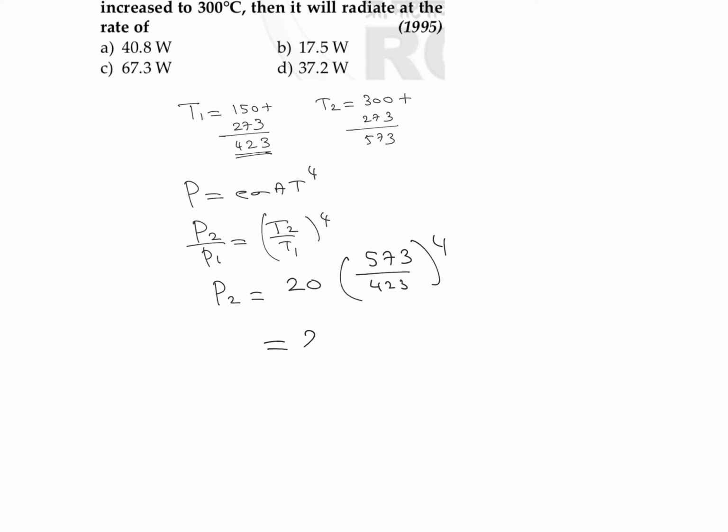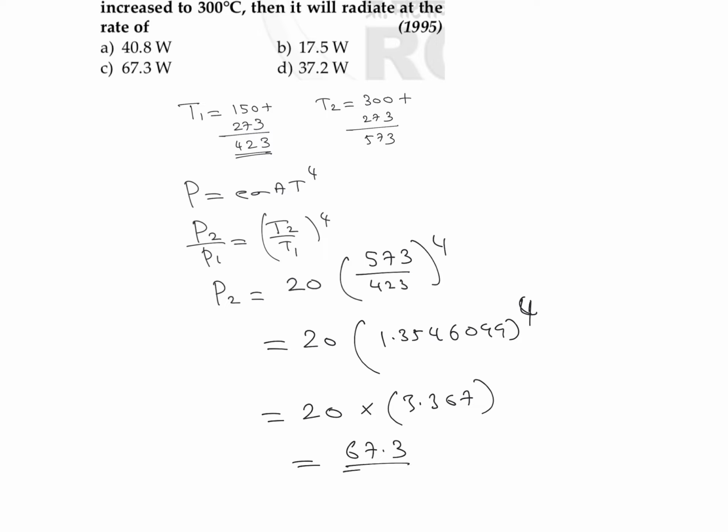If we calculate further, we get 20 into 573 divided by 423, which is around 1.3546, raised to 4, which gives near 3.367. So multiplying with 20, we get the answer as around 67.3.